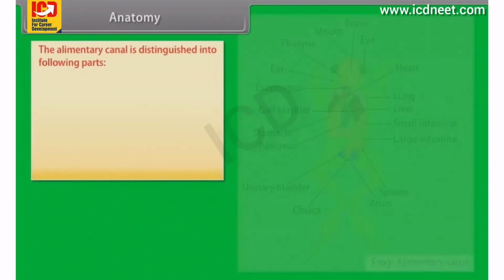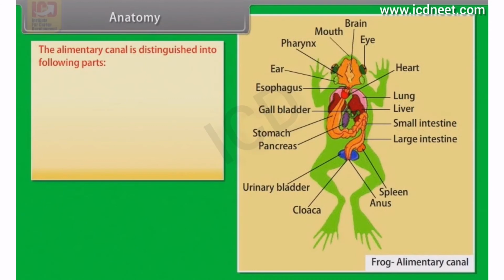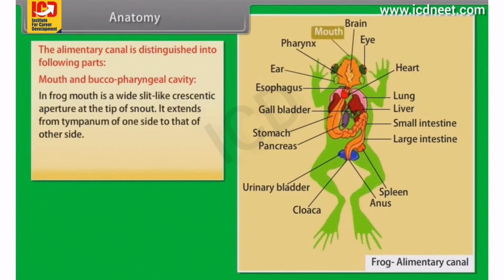Anatomy. The alimentary canal is distinguished into the following parts: mouth and buccopharyngeal cavity. In frog, mouth is a wide slit-like crescentic aperture at the tip of snout. It extends from the tympanum of one side to that of the other side.